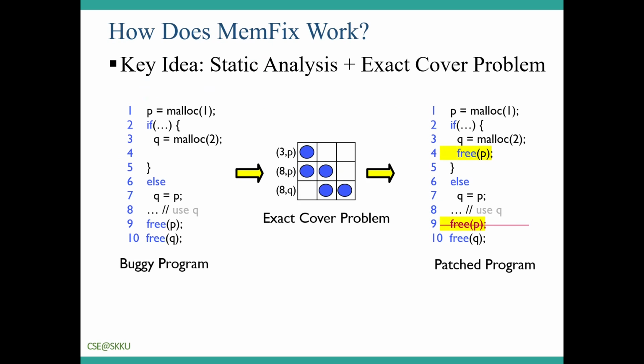So that is, to fix various memory deallocation errors, MemFix first performs static analysis to collect patch candidates for each allocated object. Then it reduces the task of selecting a correct patch to solving an exact cover problem over those allocated objects.